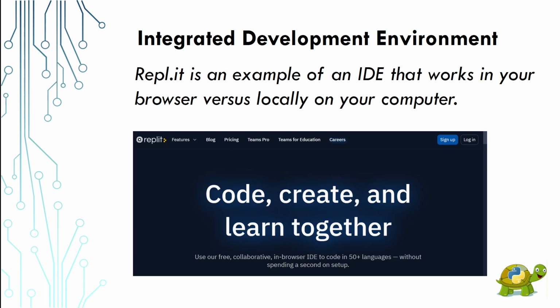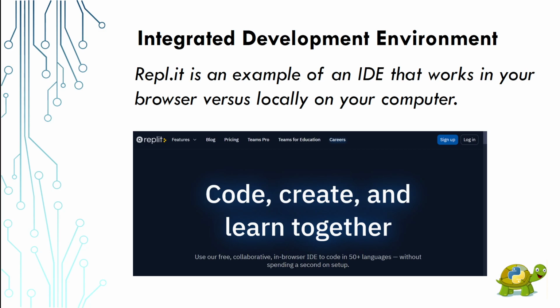So where are we going to create these programs? I want to make an analogy to writing an essay. If you had to write an essay, you might use something like Word locally on your computer or perhaps Google Docs online. Well, the same thing happens with programming. You could write programs locally on your computer, or you could write them online.